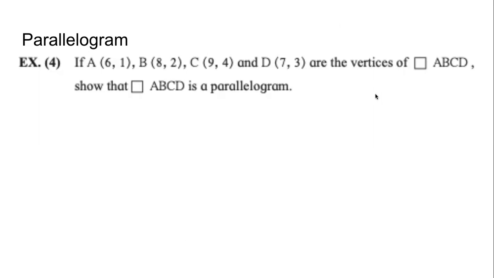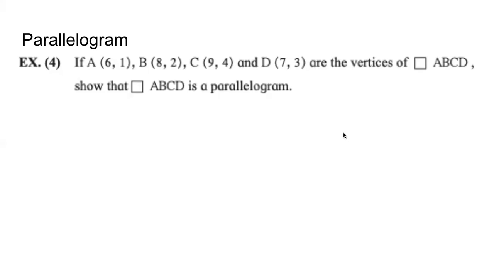Because remember, there are multiple tests of parallelogram. There are tests with respect to the length of the sides. There are tests with respect to the parallelity of the sides. We know a parallelogram is a quadrilateral where both the pairs of opposite sides are parallel to each other. Example number 4 on page number 121.